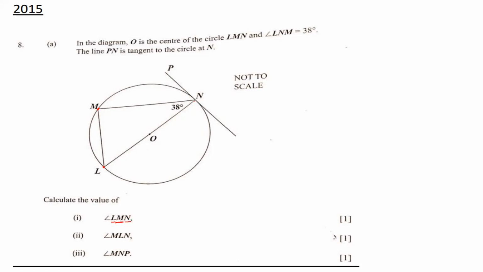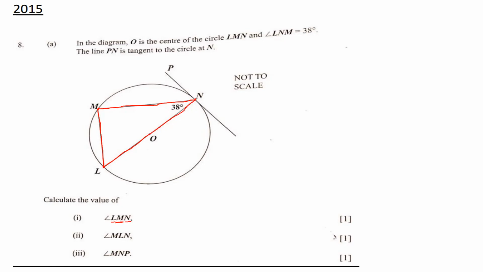And so let's form a line M to N, right there. And then M to L is going to be right there. And then L to N is going to be right there.